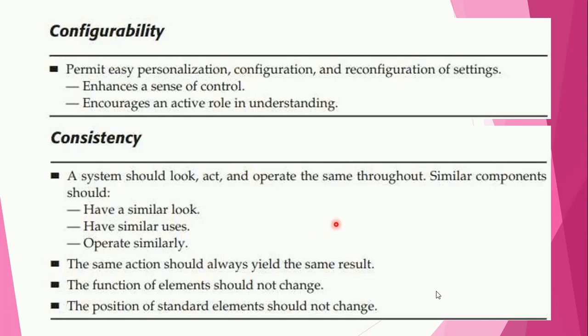What happens if there is inconsistency in the design? If you have designed a newer version or a totally different kind of user interface, the learning time of the user might be increased.